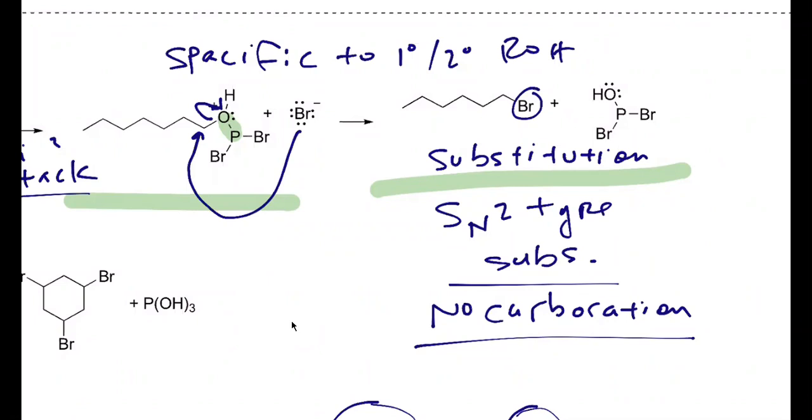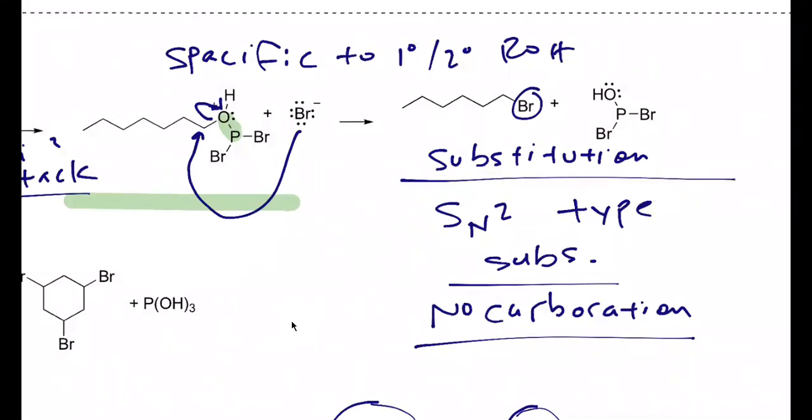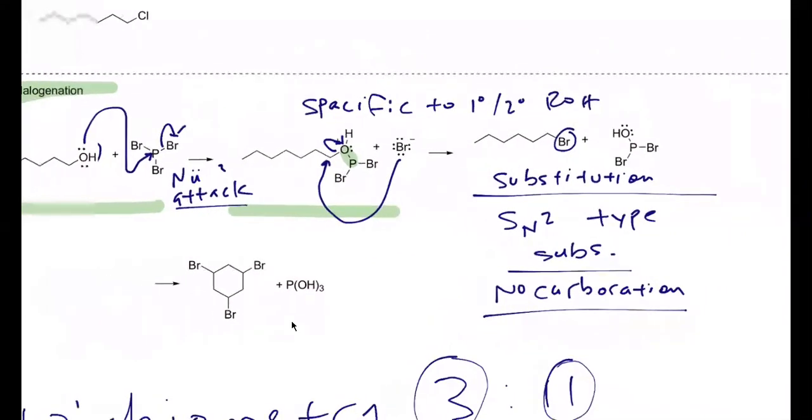It's an SN2 type substitution. All right. So that particular method you would use if you had a primary alcohol or a secondary alcohol that you wanted to convert.